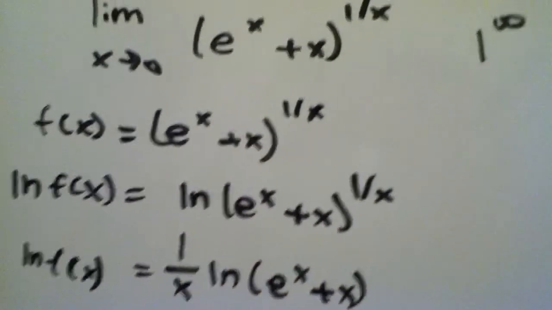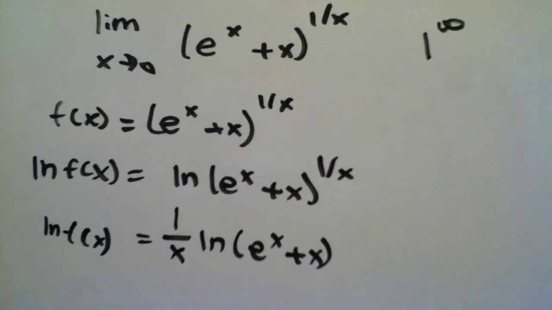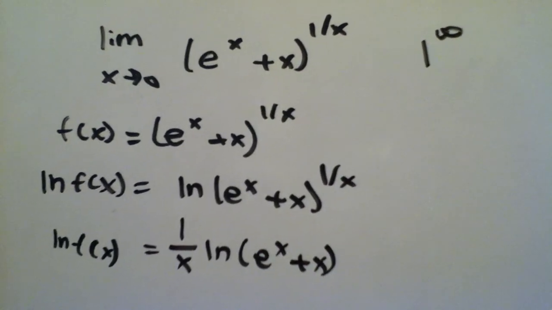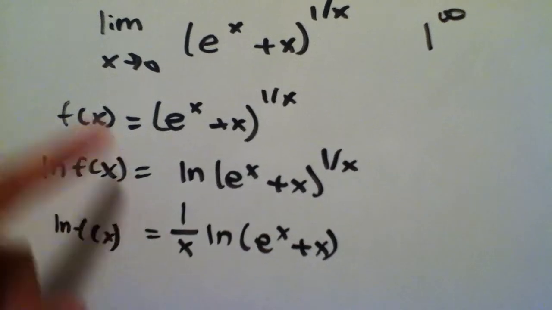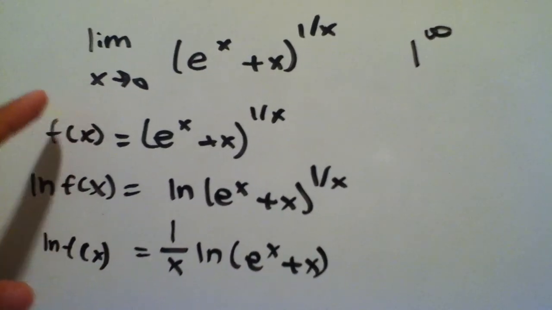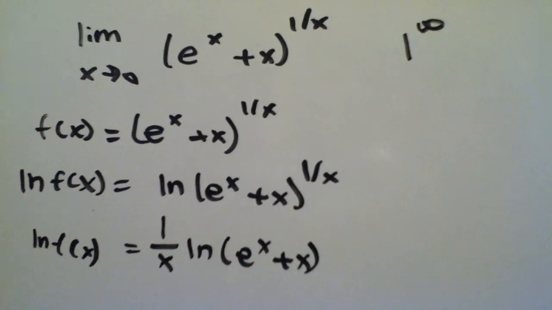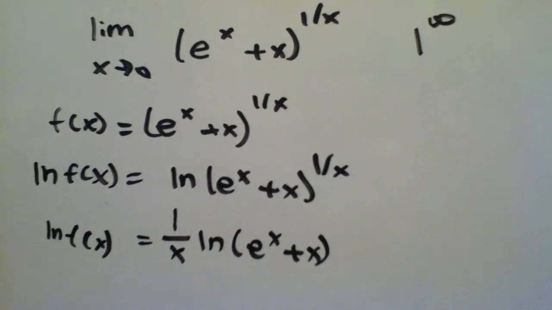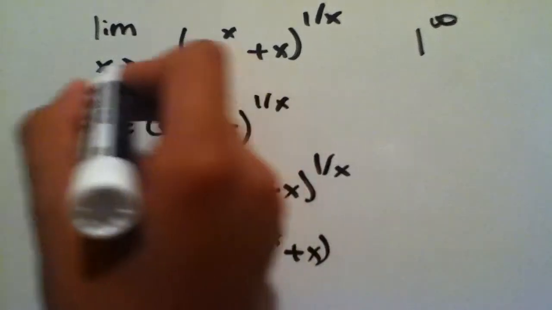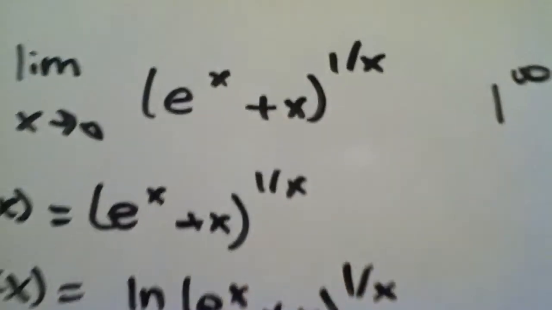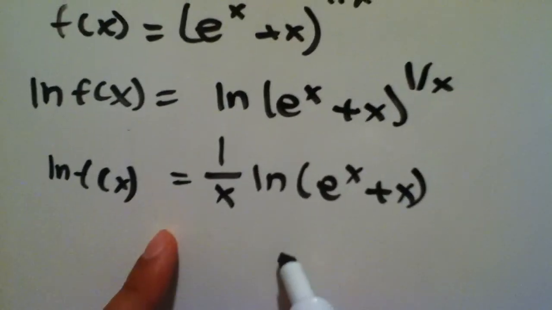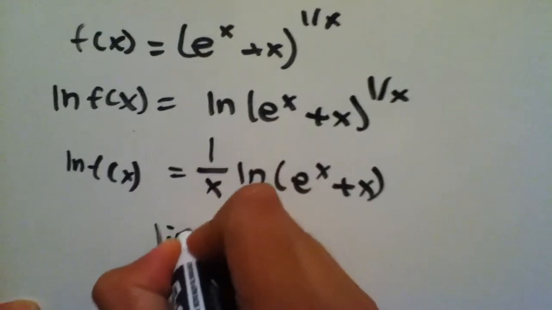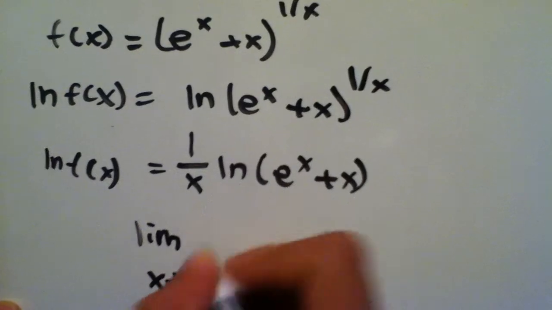So now that you've written it this way, instead of taking the limit of this to begin with, we're now going to take the limit of the natural log of the function as x approaches 0. So this is basically what we're doing.